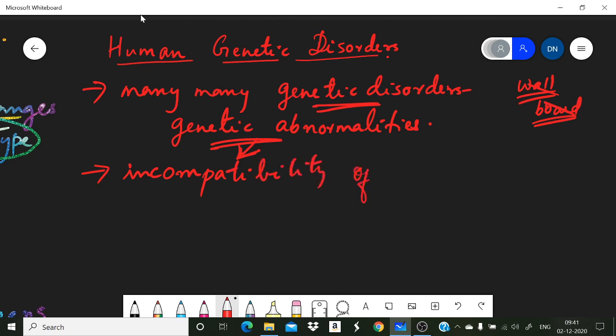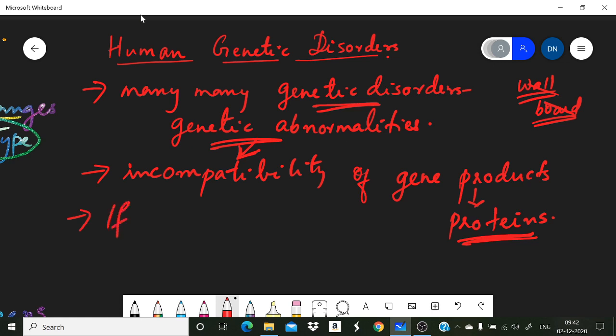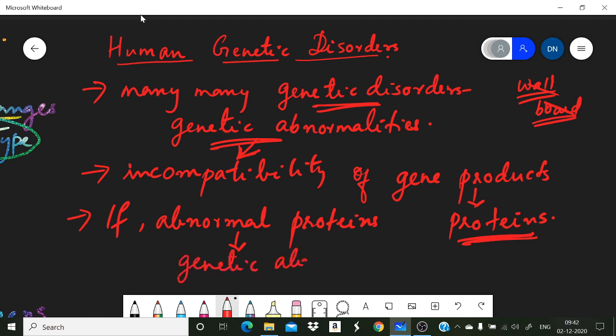So in our body, if abnormal proteins are forming, if the proteins formed in our body are abnormal or deficient, that may lead to genetic abnormalities.